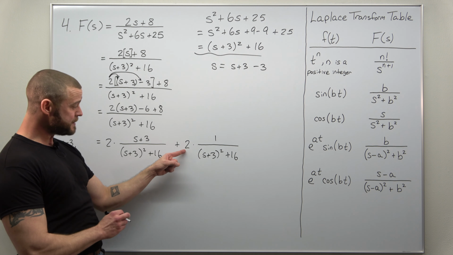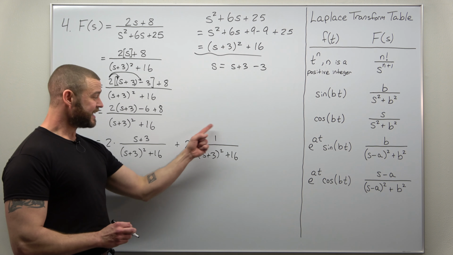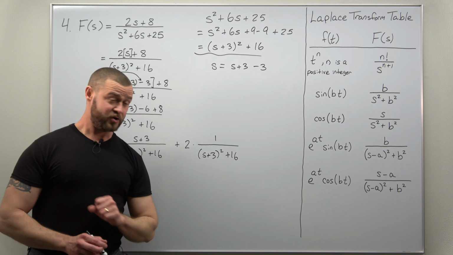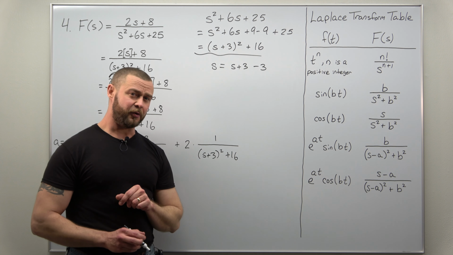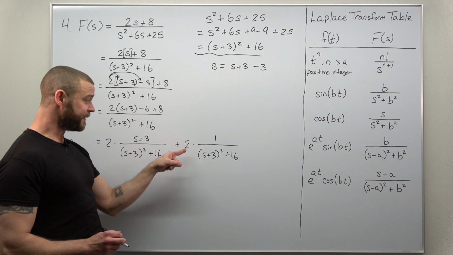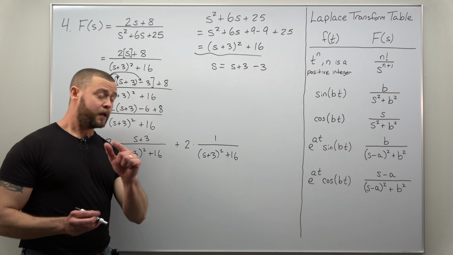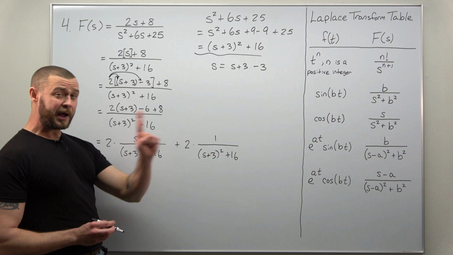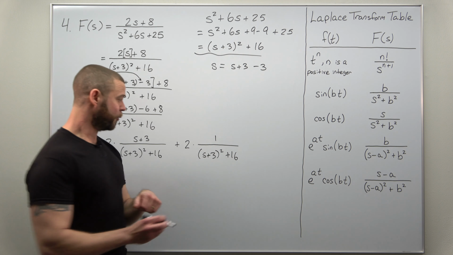You could certainly keep the 2 in the numerator. If you do, to get a 4 in that numerator to match here, you'd only need to multiply and divide by 2. Here, since I pulled the factor of 2 out, let me go through the trick here of multiplying by 1, where we'll think of 1 as 4 over 4.